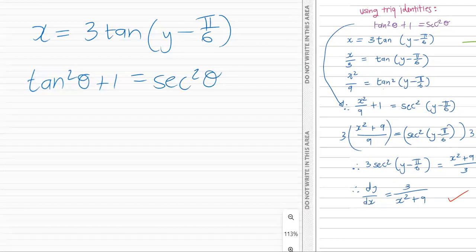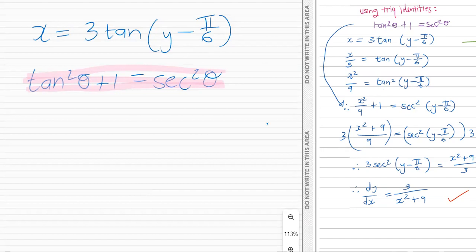This is a manipulation of identities that I won't go into right now, but this one is very useful to have memorized. Using this, we can manipulate the answer to look the way that we want it to.